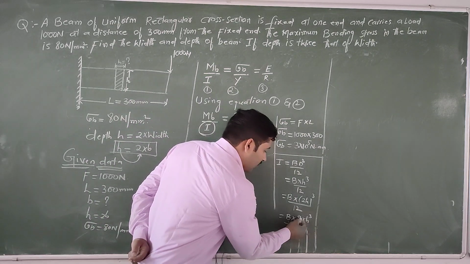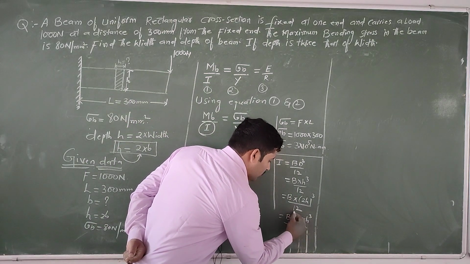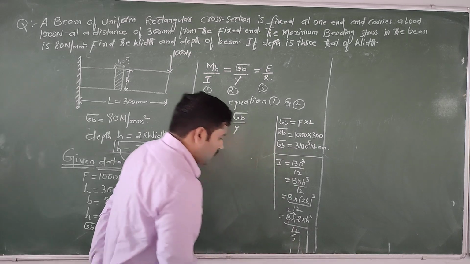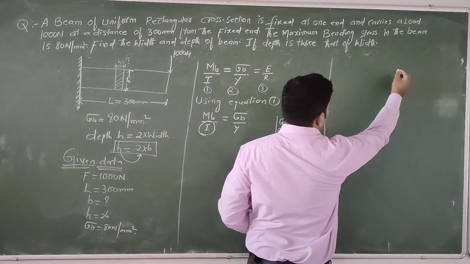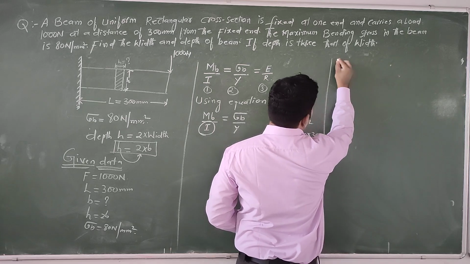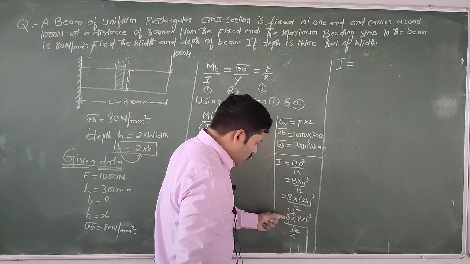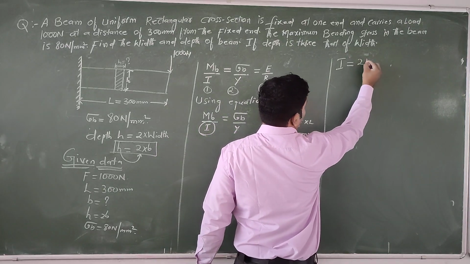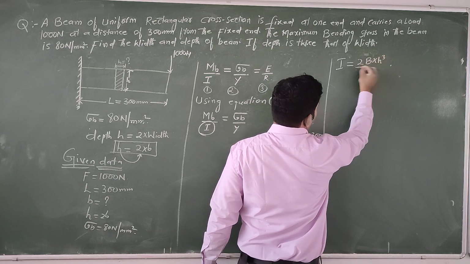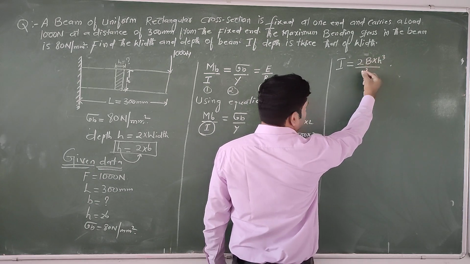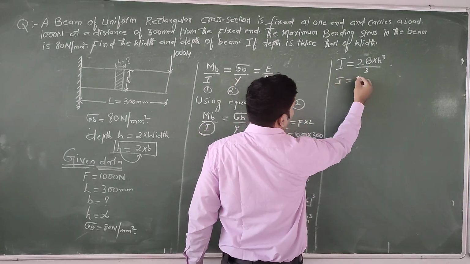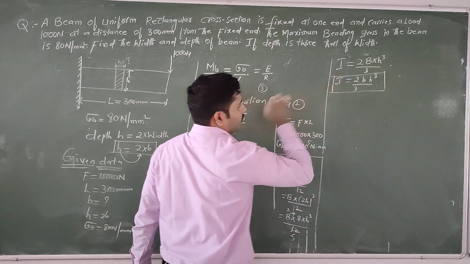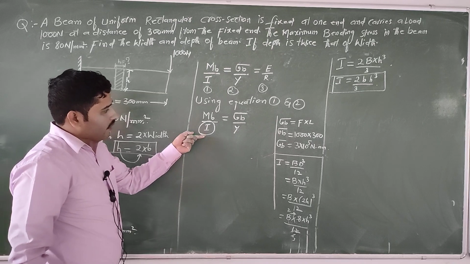Then if you divide here, 2 4s and 2 6s, and 2 2s 2 3s, so then you will get the value I equal to 2 B H cube by 3. That is the value of I. Is it right? We got the value of I.